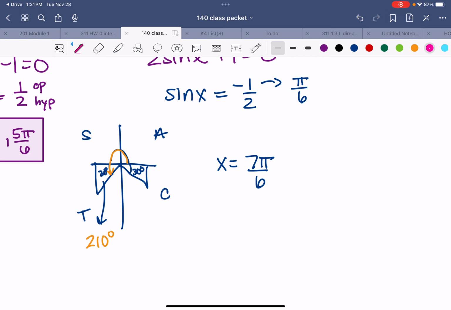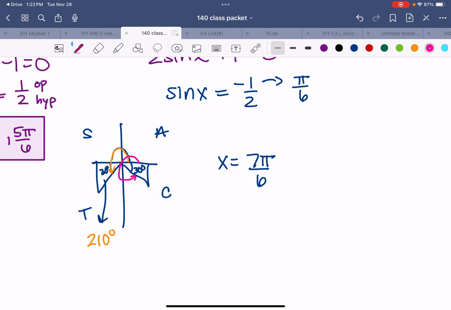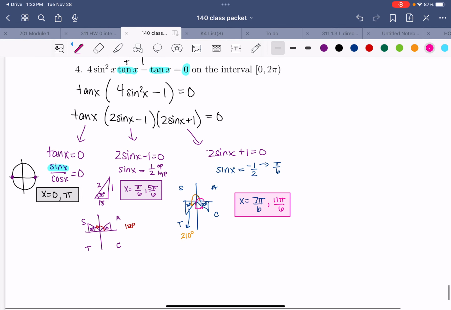And then we also want this one to go all the way around. And that's 30 degrees short of 360. So 360 minus 30 degrees gives us 330. And let's divide that by 180 and reduce your fraction to convert to radians. So we get 11 pi over 6. So we get 6 solutions to number 4.